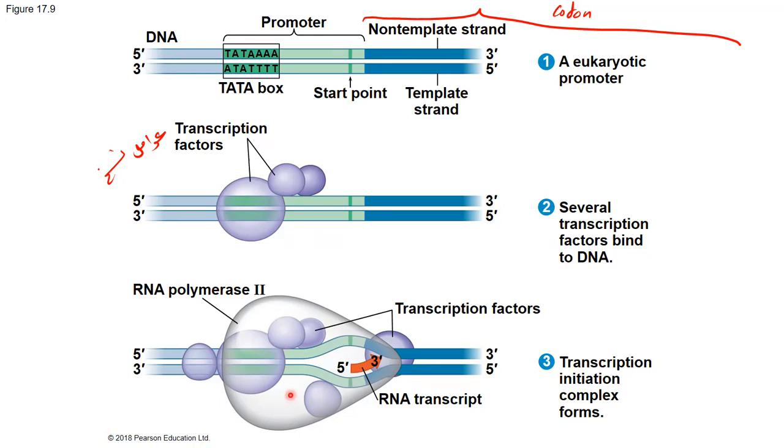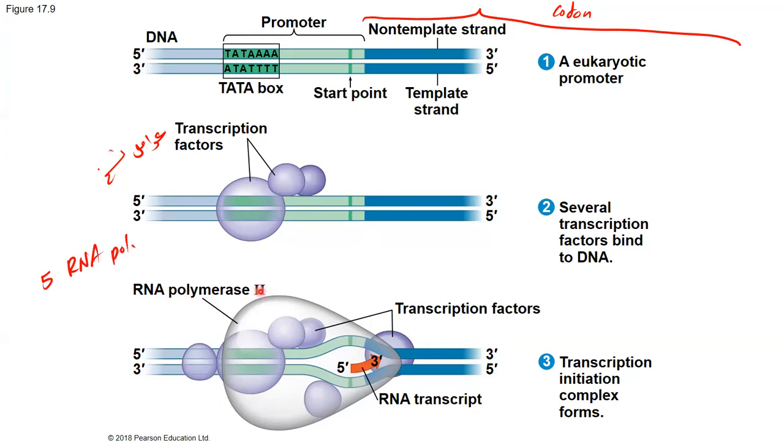As you can see, this is RNA polymerase 2, which means there is more than one RNA polymerase. In bacteria, there is only one RNA polymerase. In eukaryotes, there are 5 different RNA polymerases.